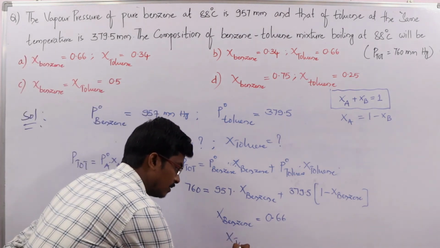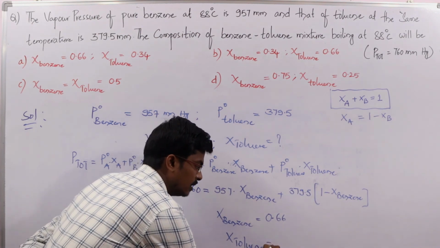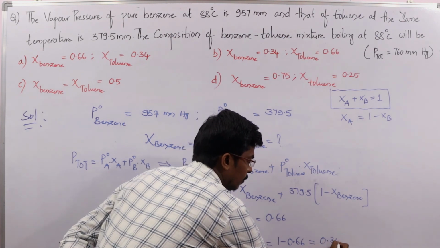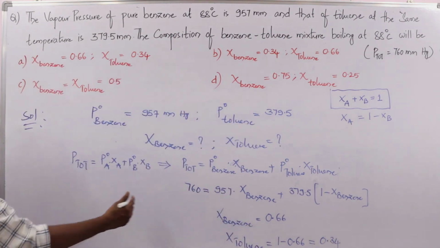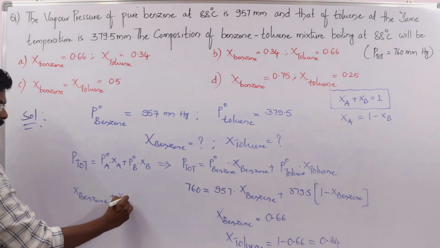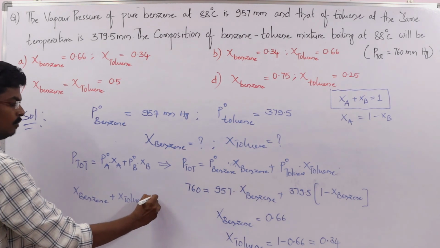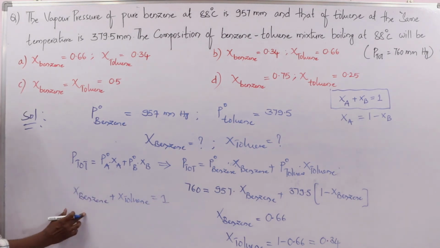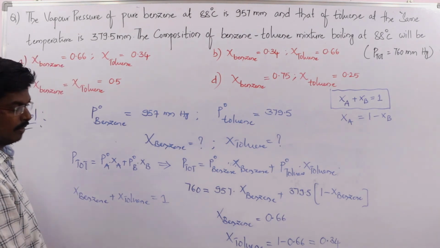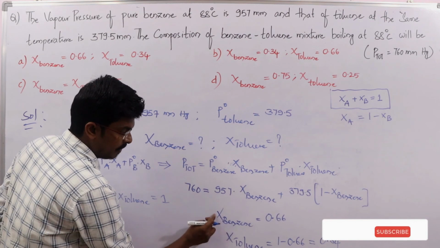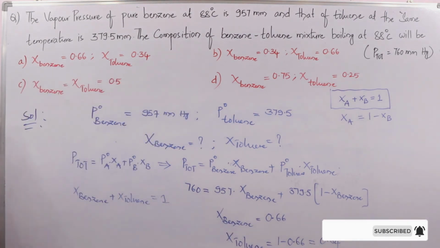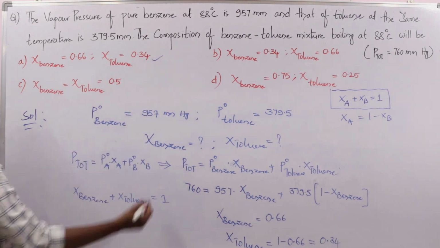From here, X toluene is equal to 1 minus 0.66, which is 0.34, because X benzene plus X toluene equals 1. If you know the mole fraction of benzene, it is possible to find the mole fraction of toluene. So the answer: the mole fraction of benzene is 0.66 and the mole fraction of toluene is 0.34. Which option is correct? The first option is correct.